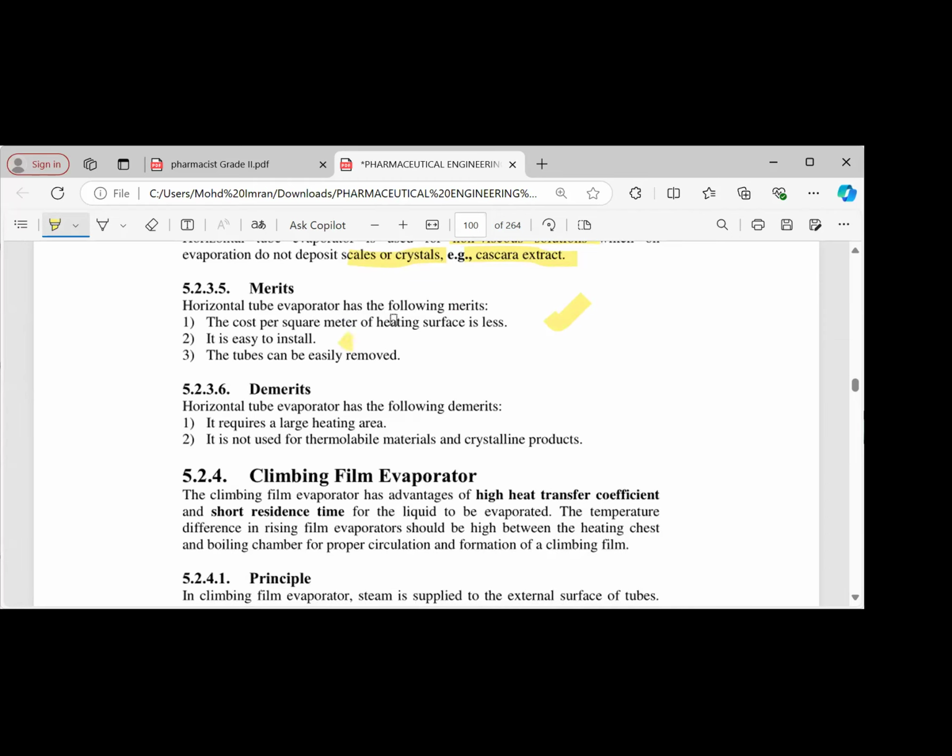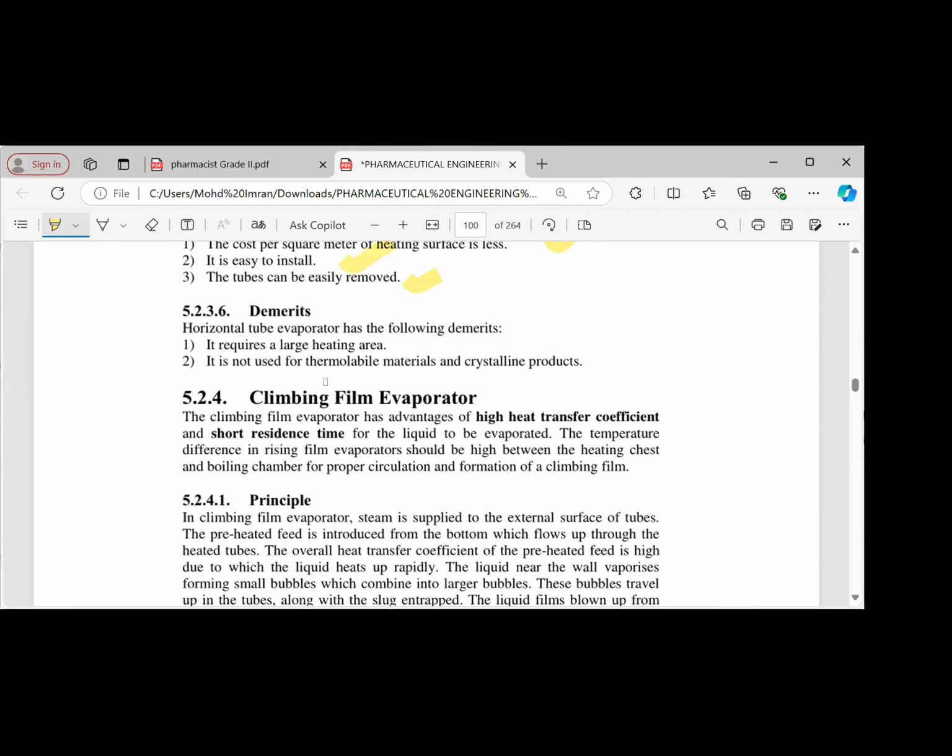It is easy to install and the tubes can be easily removed. Demerits: it requires a large heating area and it is not used for thermolabile material and crystalline products. Remember: thermolabile material not suitable, crystalline products not suitable, large heating area required. These are the limitations.